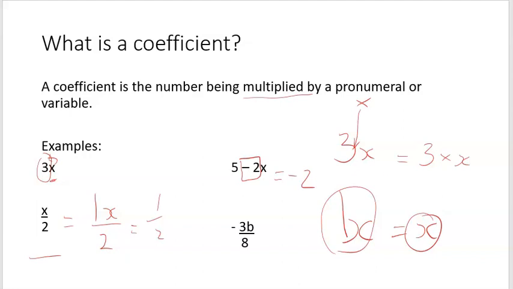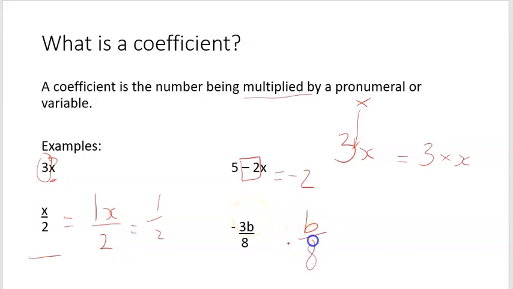I'm just going to erase this to give me a bit more room whilst we look at the last example. Now you've got -3b over 8. I'm going to take the -3 away just for a minute and have a look at b over 8. If you were asked to find the coefficient of b over 8, you would do it in the same way that you've just done x over 2.